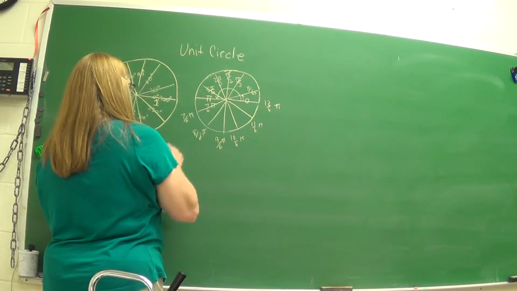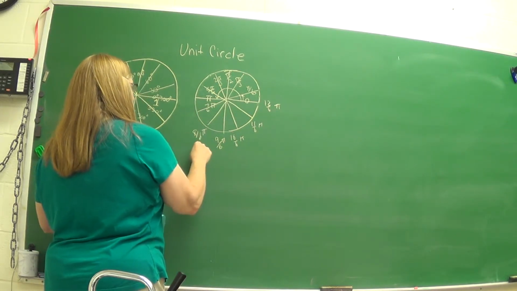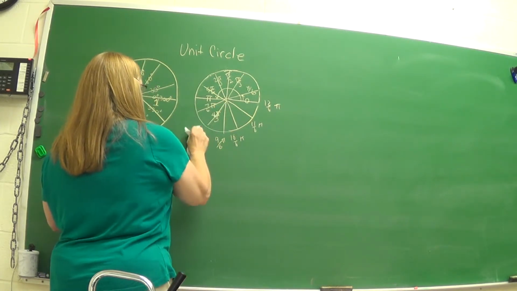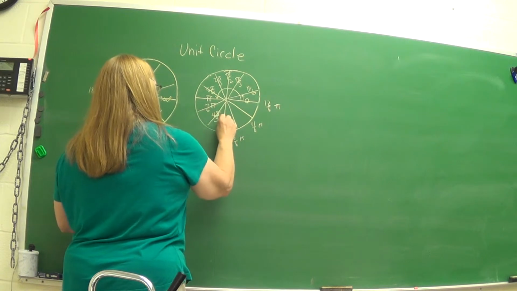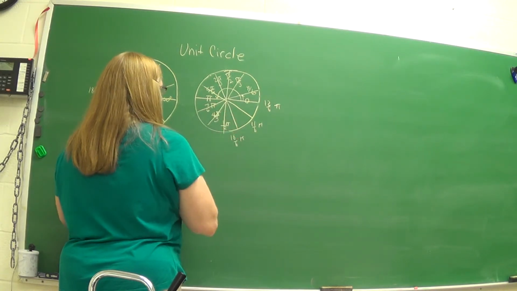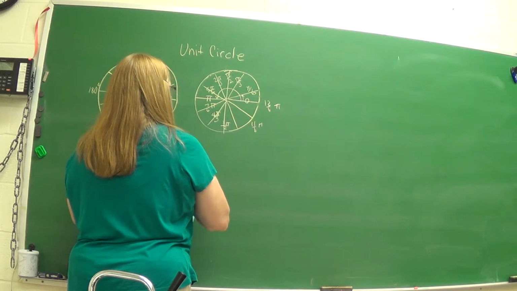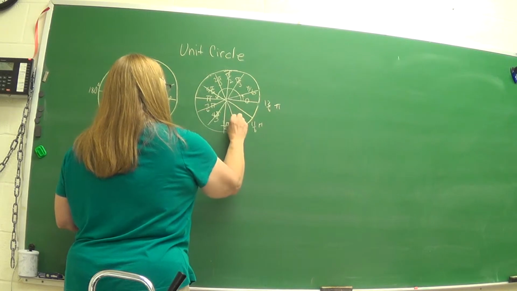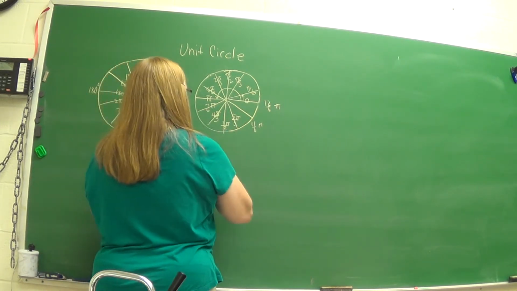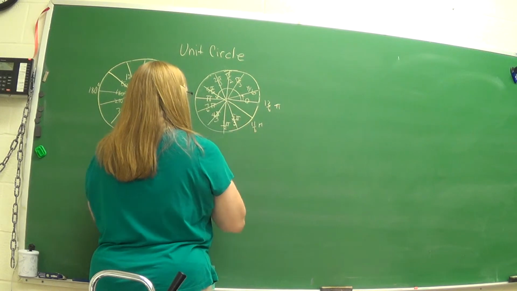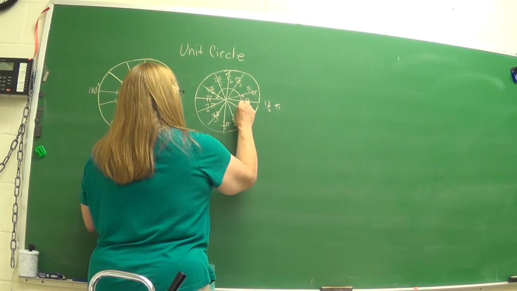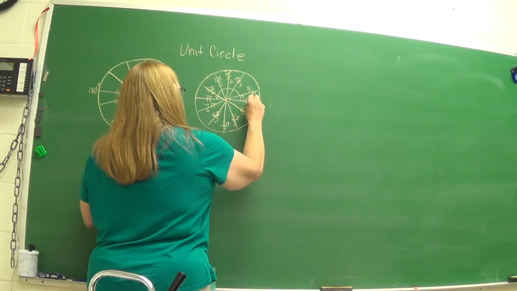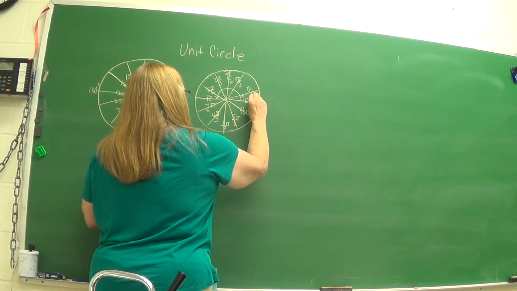I don't have to reduce that one. 8/6 pi is 4/3, so I write it as 4 pi over 3. 9/6 pi is 3 pi over 2. 10/6 pi is 5 pi over 3. 10/6 is 5/3, so I write it as 5 pi over 3. And 11/6 pi cannot be reduced. 12/6 pi is 2, so 2 pi, I mean.